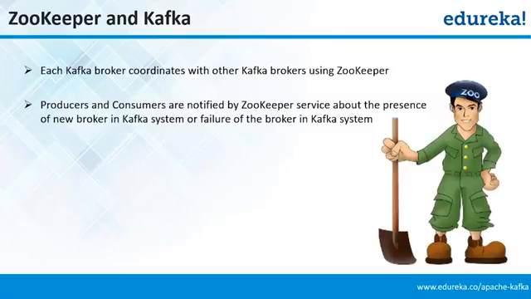At any given point of time, Zookeeper takes the responsibility of electing a lead broker. So that's the reason why you require brokers interacting with Zookeeper. And also the brokers persist the message state into the Zookeeper so that everyone is in sync with the message state.